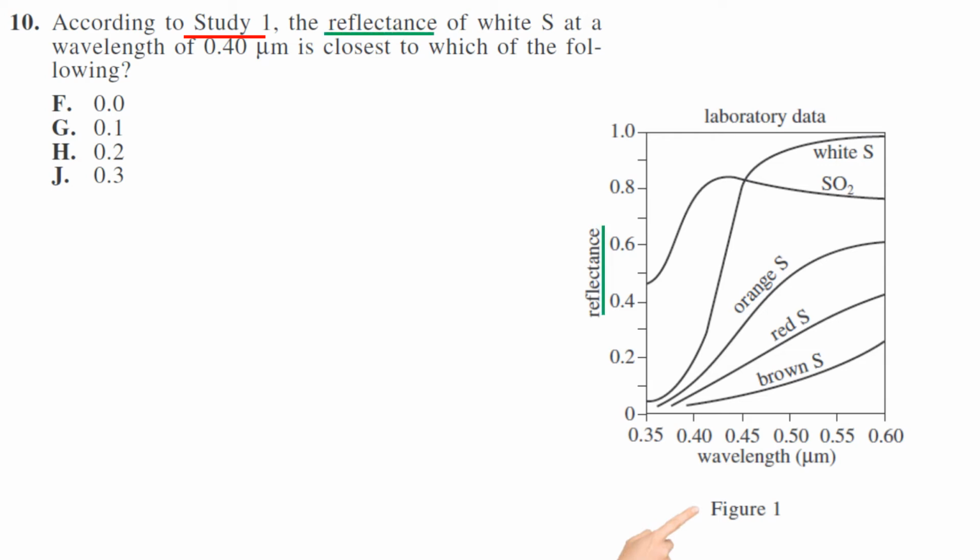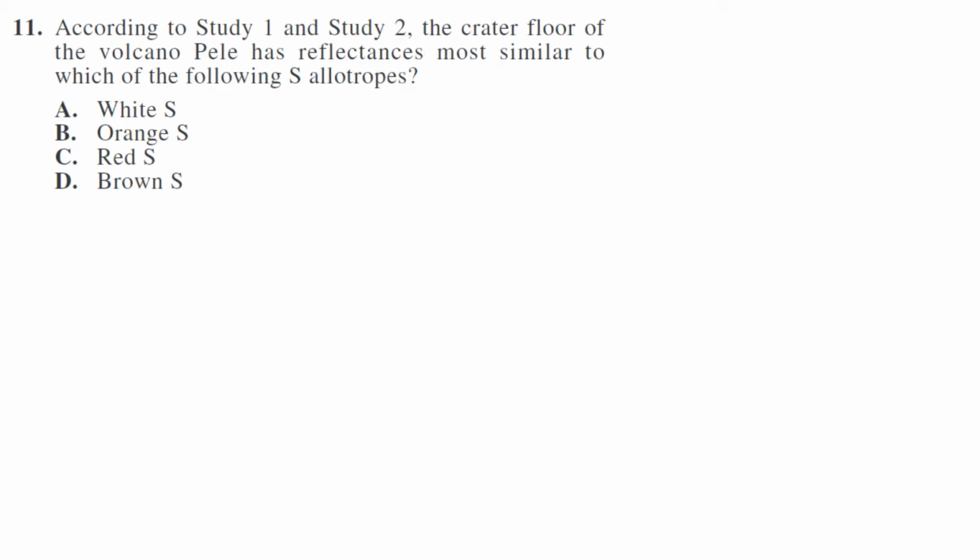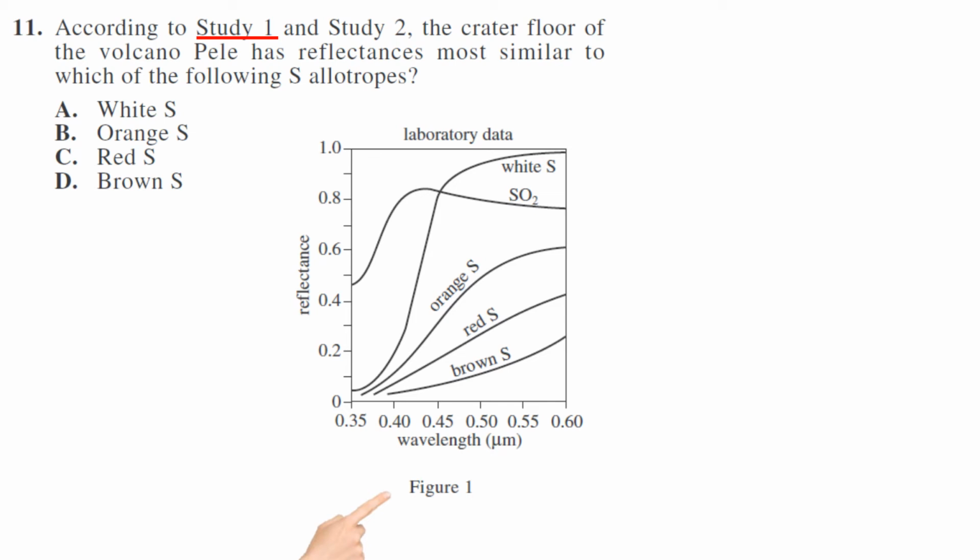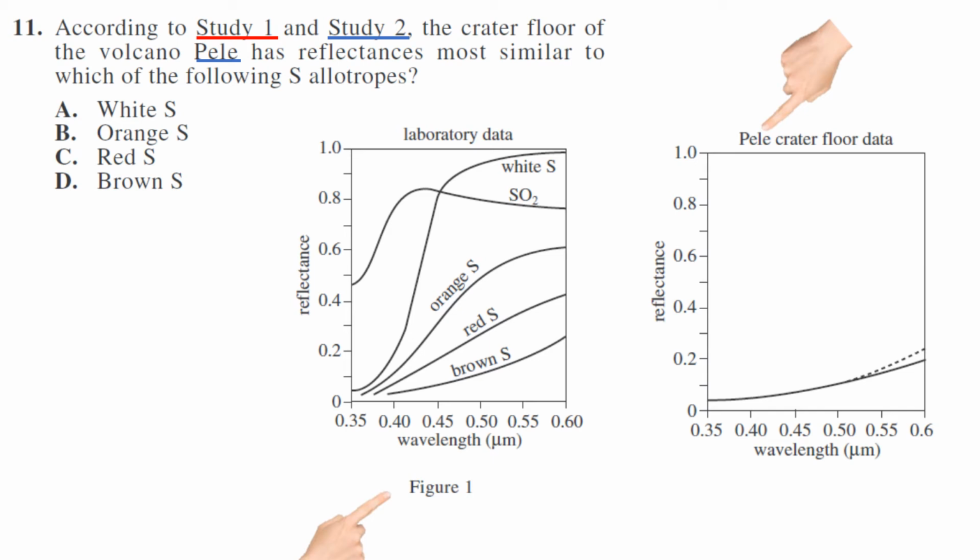Number 10, according to study 1, put your finger on study 1, the reflectance, so we're looking at the reflectance again, the y-axis, of the white S, at a wavelength of 0.4, I think that's micrometers. So 0.4, draw a line up till it hits white S, is closest to which the following reflectance, and it's going to be 0.2, so your answer is H. Number 11, according to study 1, so put your finger on study 1, and study 2, the crater floor of the volcano Pelee has a reflectance that is most similar to.